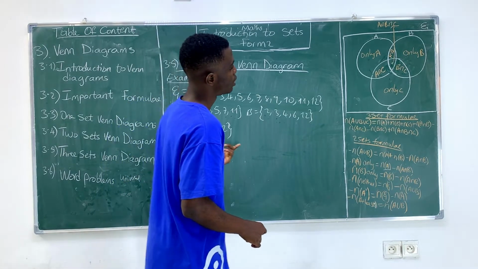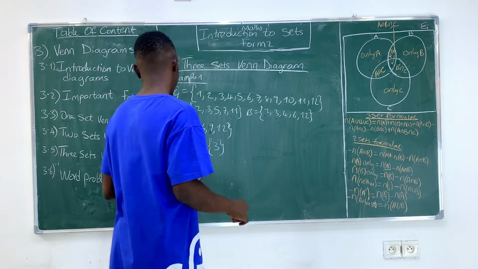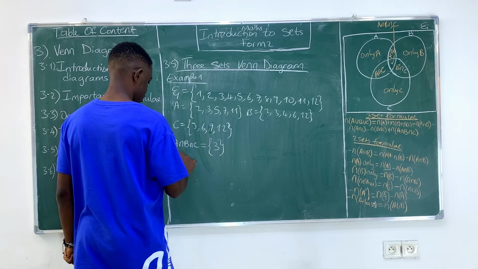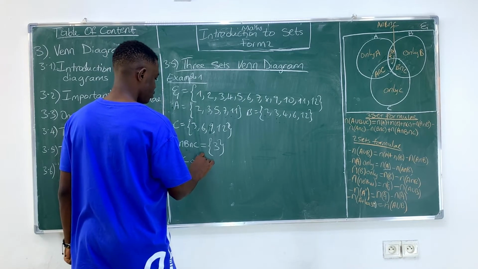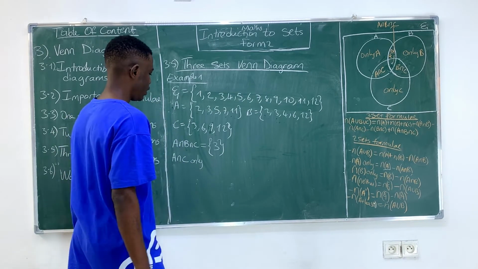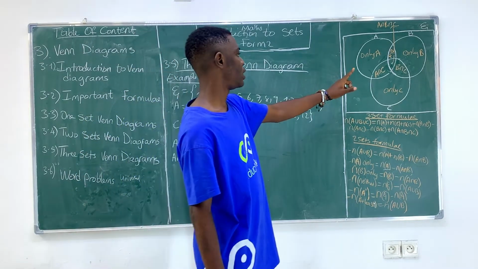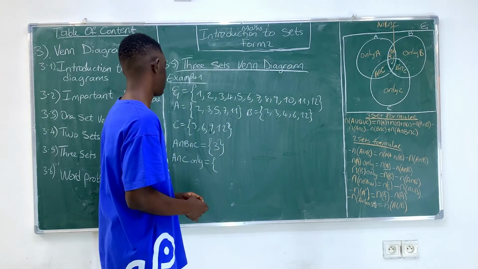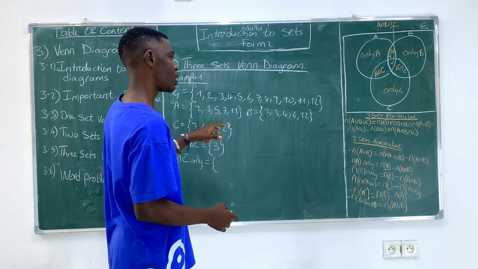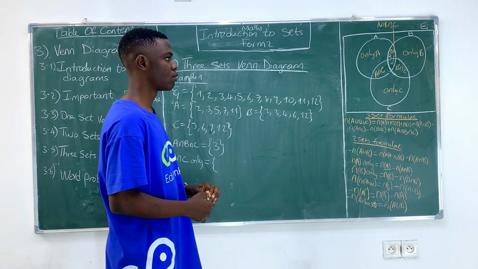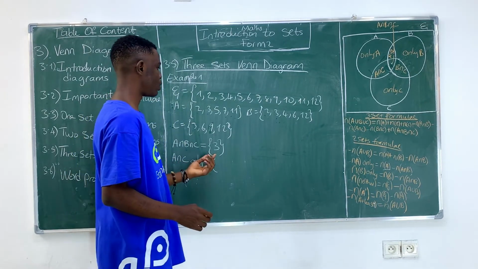What I'll do is check these intersections. Let's start with A intersection C only. So what is A intersection C only? We mean elements which are common only to A and C, which are not common to B. If I say A intersection C without the only, then this 3 will also be inside.